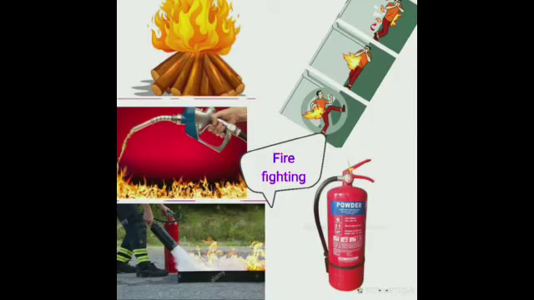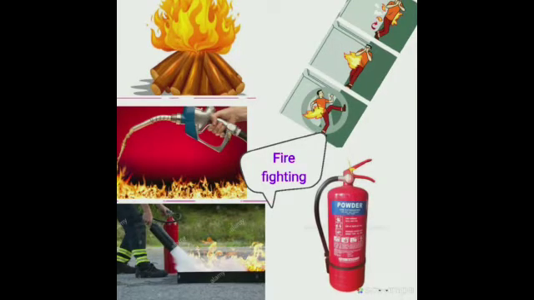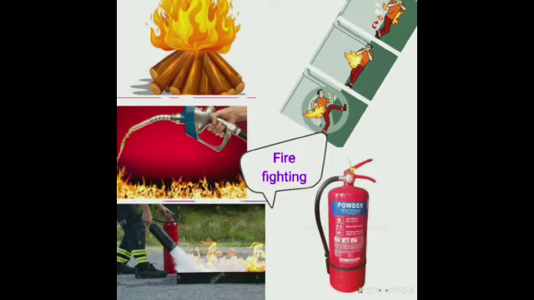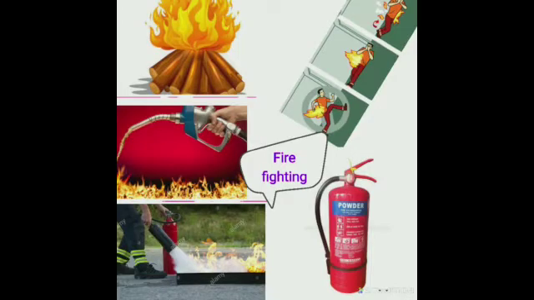We should not use water because petrol and oil are lighter than water, so they float on water and continue to burn. So we should use sand in case of petrol or oil fire.